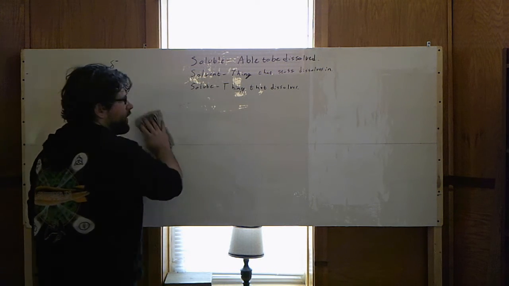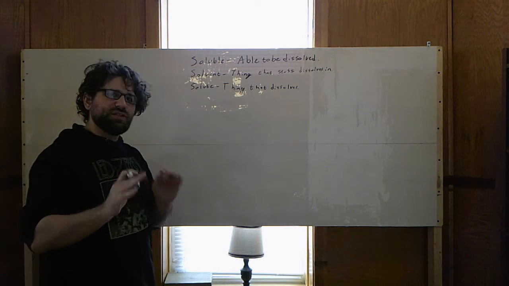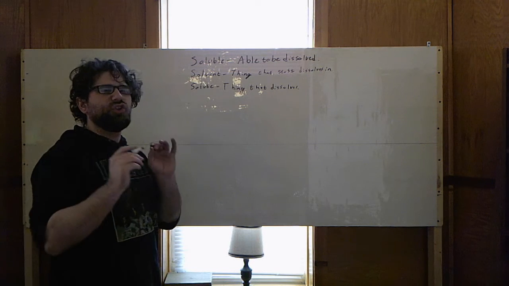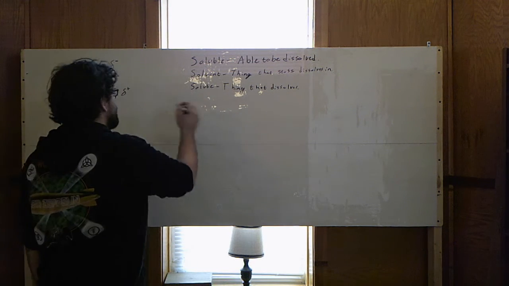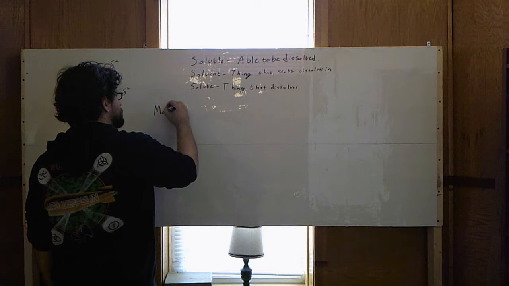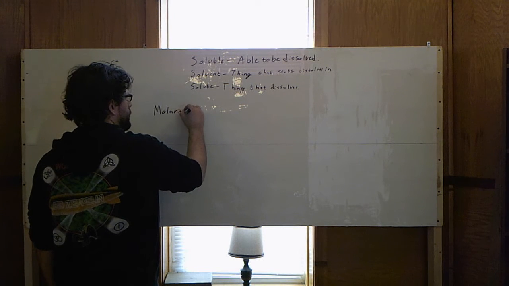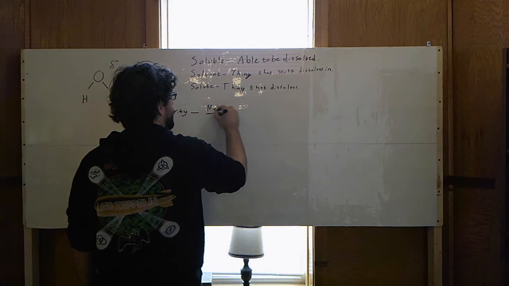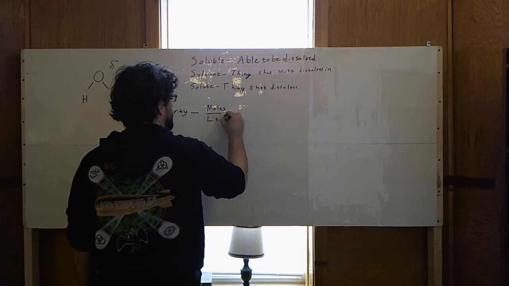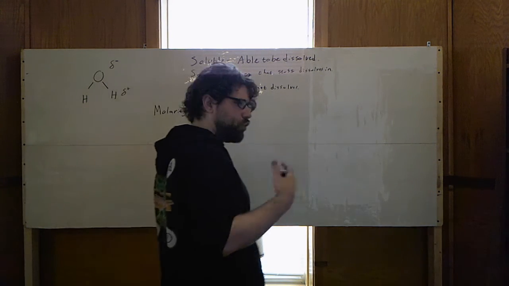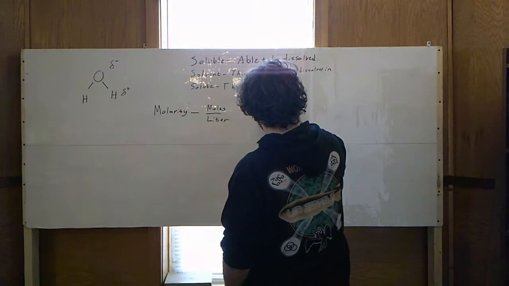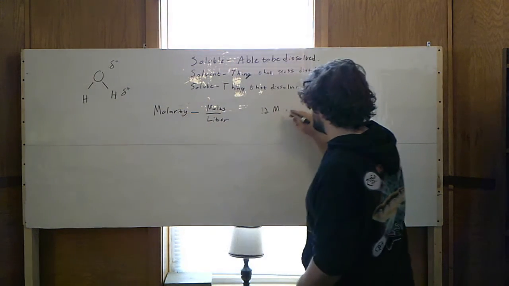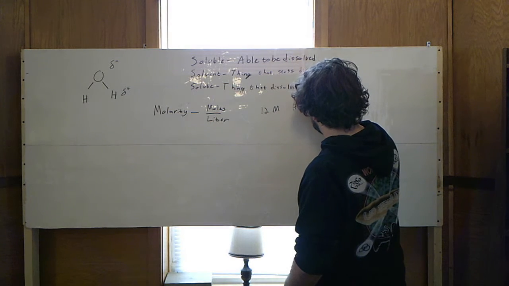For chemistry, though, the concentration label we want to use is called molarity. Molarity, extremely convenient, just means moles per liter. So if I have 12 molar hydrochloric acid, I would write it like this: 12 molar HCl.